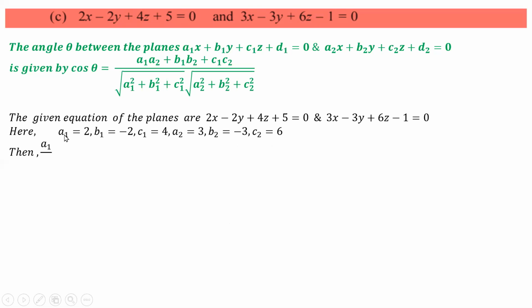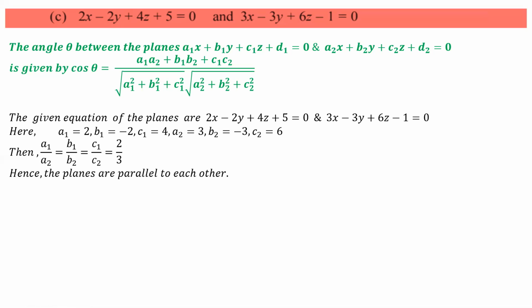Now if we find the ratio a1 by a2, that is 2 upon 3, b1 by b2 is minus 2 upon minus 3, which is 2 upon 3, c1 by c2 is 4 by 6, that is 2 upon 3. So the ratios are equal to 2 upon 3. Clear? Since the ratios are equal, we can easily say that the given planes are parallel to each other.